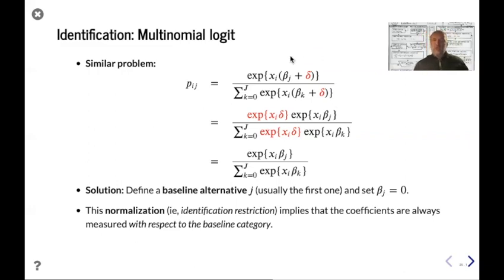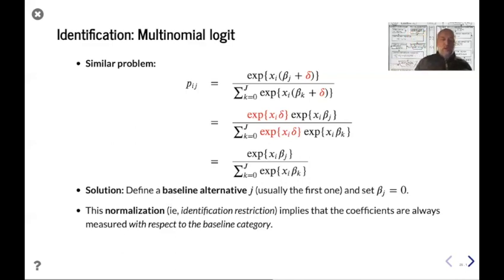Okay, so you need to make some normalization here, and what we usually do is that we normalize the first one to 0, or some alternative that you want to look at, you normalize that to 0. I'm going to show you an example of multinomial logit of three different statuses in the labor market: schooling, working, and staying at home. And there we can normalize against the alternative that we want to.